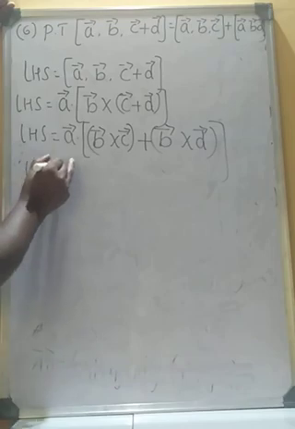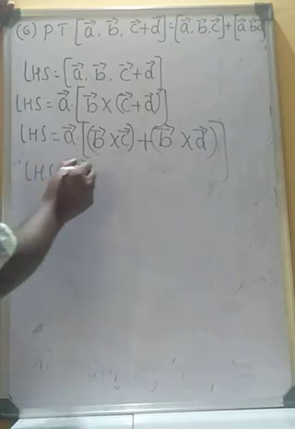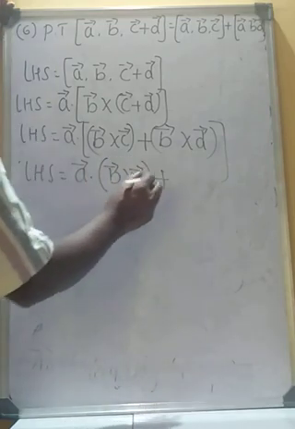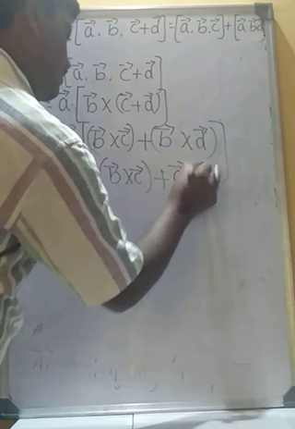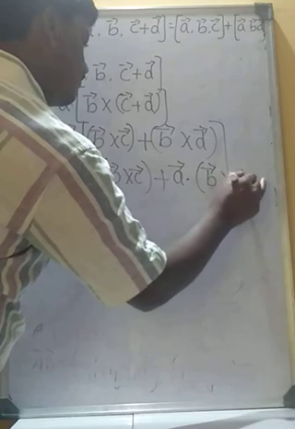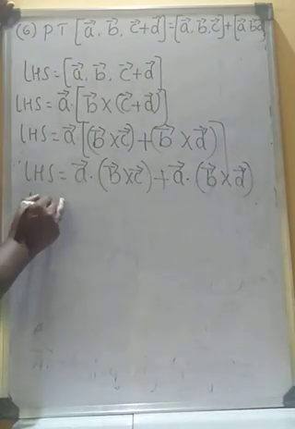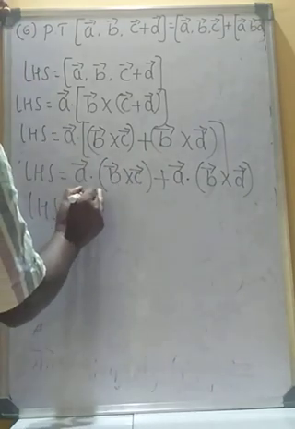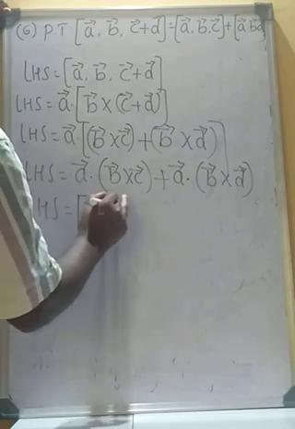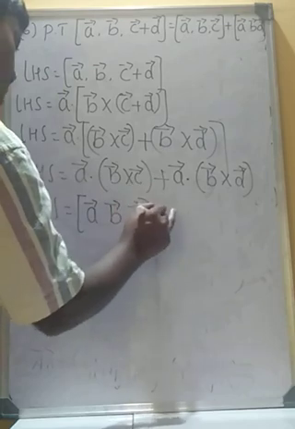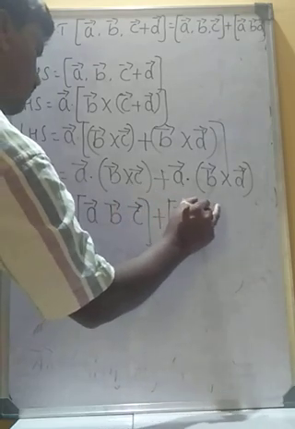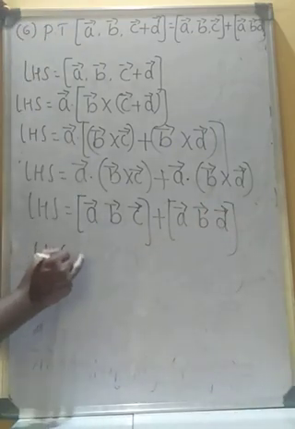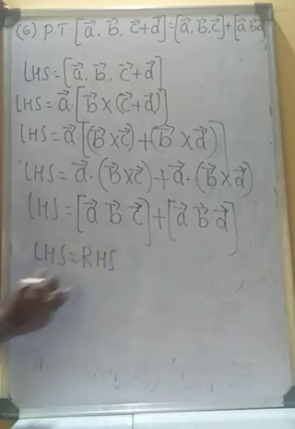So left hand side is equal to vector A dot of B cross C plus vector A dot of B cross D. This scalar triple product can be written as box product of A, B, C plus box product of A, B, D. So left hand side is equal to right hand side.